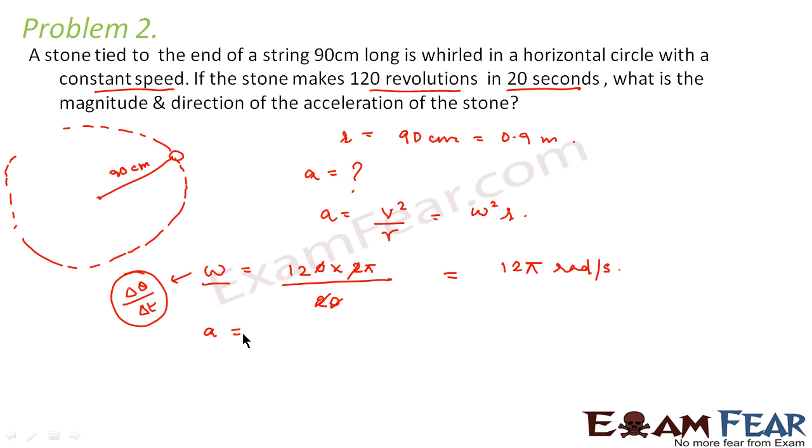Now once we know angular velocity, we can calculate the value of acceleration as omega square into r, where omega is equal to 12 pi, square, into r. So this will be equal to 144 into pi square into r.